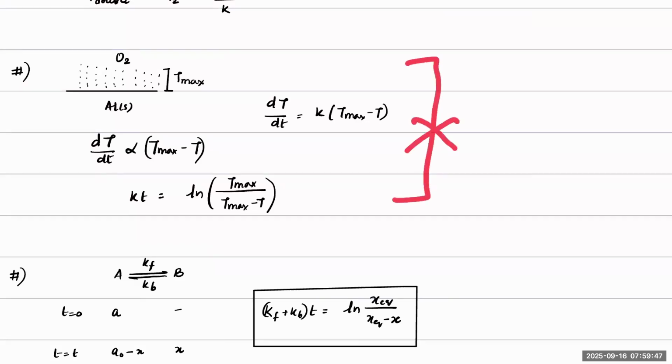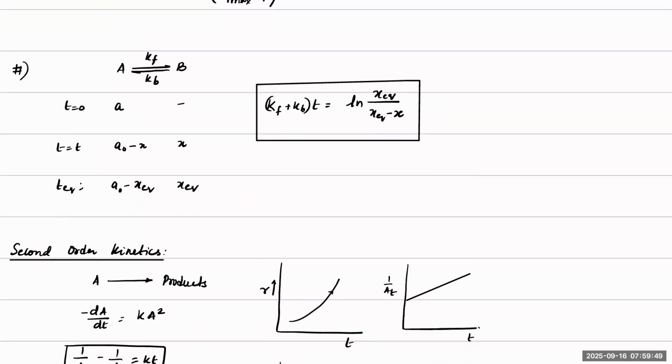This t max is not usually asked, but suppose an equilibrium question is asked, where A is giving B and B is giving A at the same time, kf is the rate constant in forward direction, kb is the rate constant in backward direction. Directly remember the formula, do not try to derive it. The formula is kf plus kb into t.